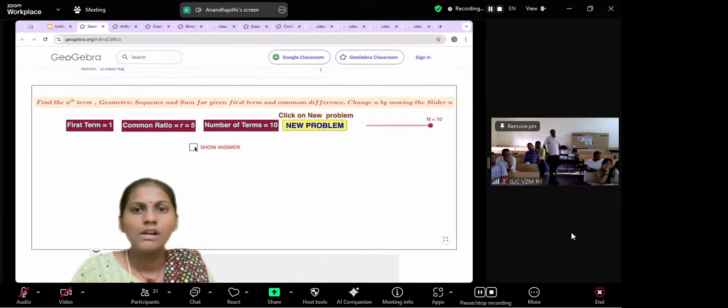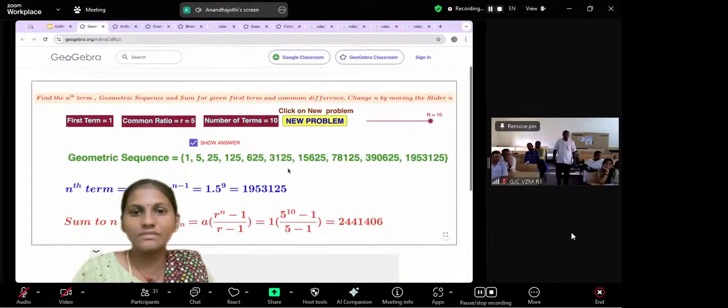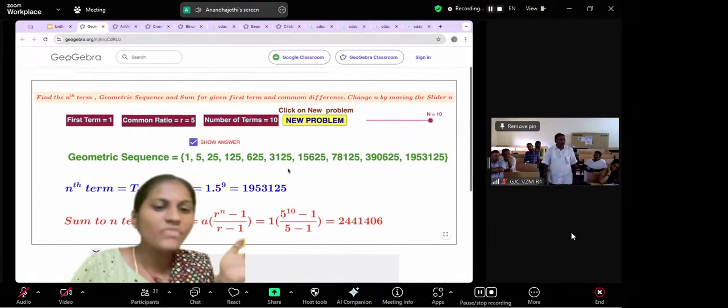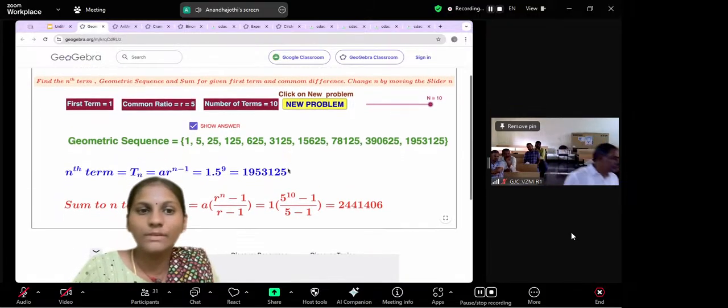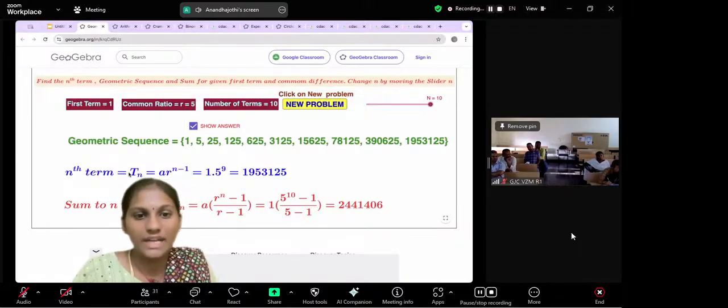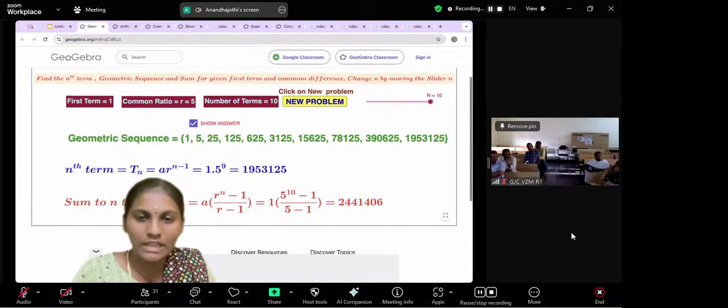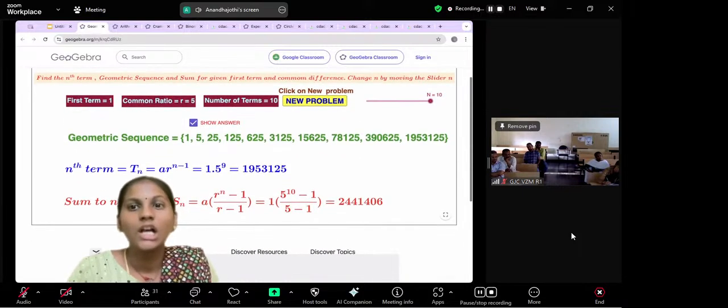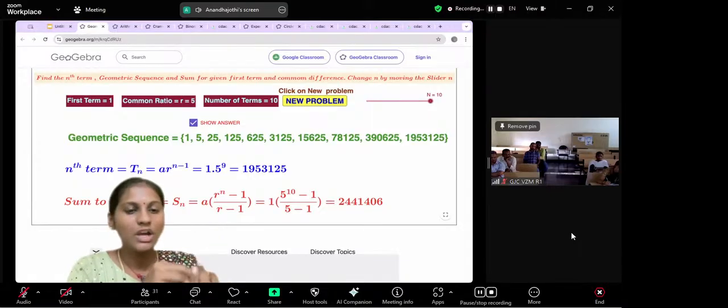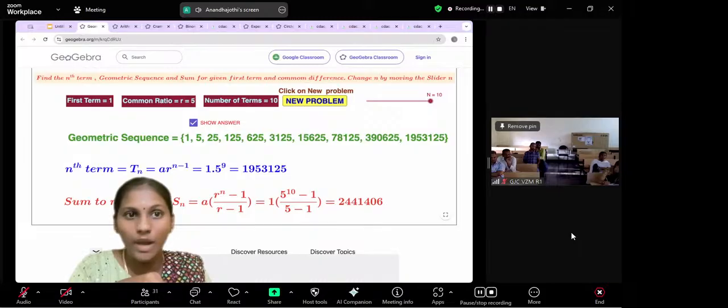So when we click show answer, it will show the complete geometric series and the nth term. What is the nth term? What is the sum of the n terms? It will be provided. So it will be much more helpful to students when you want to give random sums in a very quick manner, right?